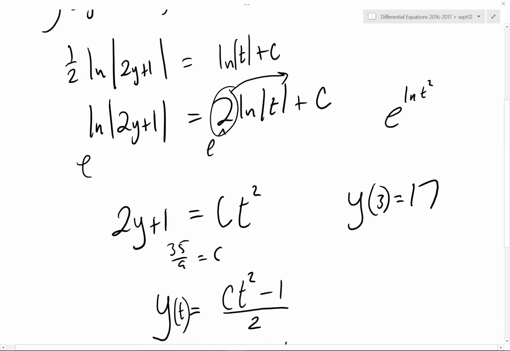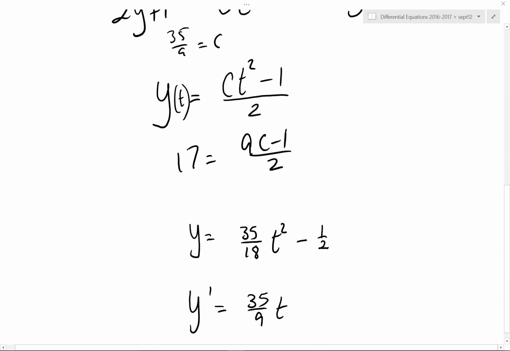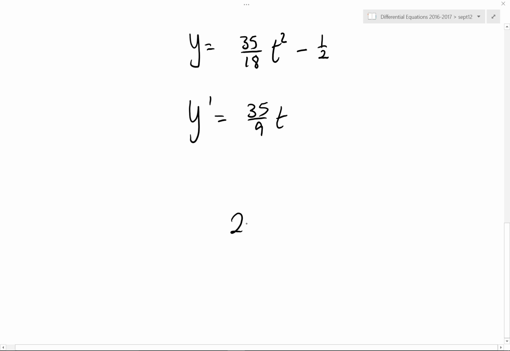Our original function was (2y plus 1) divided by t. But what's y? I feel like y is equal to 35 over 18 t squared minus f.